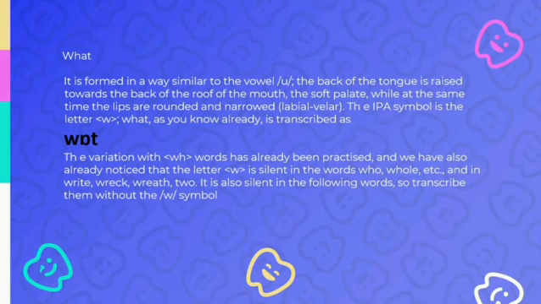Wet, as you know already, is transcribed as wet. The variation with wh words has already been practiced, and we have also already noticed that the letter w is silent in the words who, whole, etc., and in write, wrack, wring, two; it is also silent in the following words.